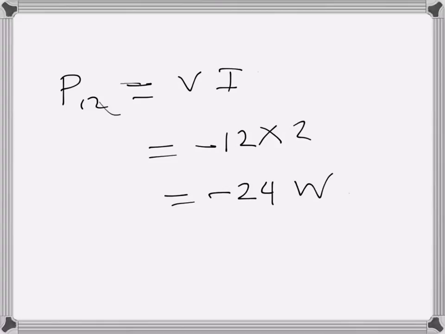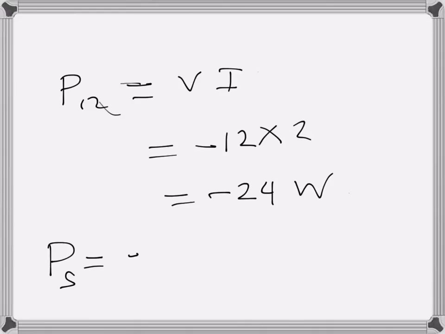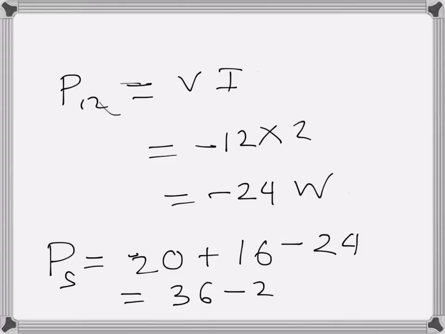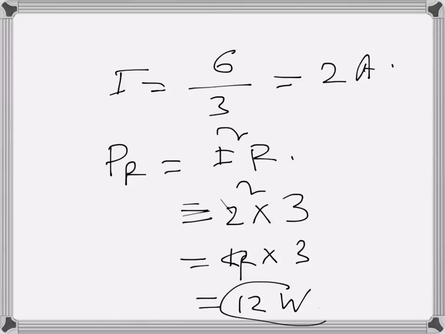So the resultant power supplied by the sources will be 20 plus 16 minus 24, so that's 36 minus 24, which is 12 watt, and this is the power that is also dissipated by the resistance, because the power supplied has to be the power dissipated.